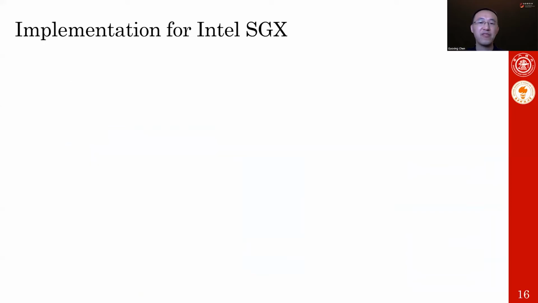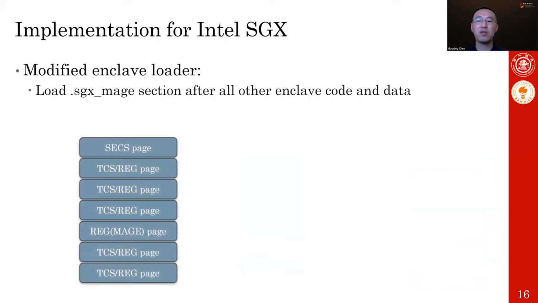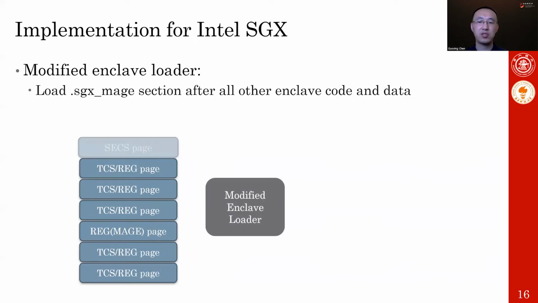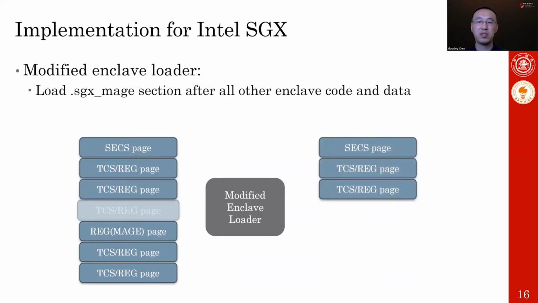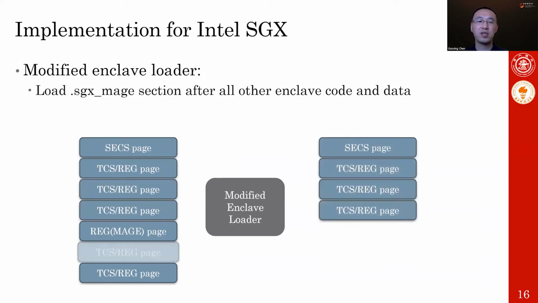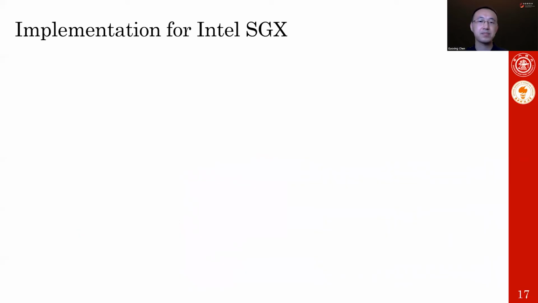Secondly, we modify the enclave loader to load the MAGE section after all enclave code and data. So it will first follow the original loading process, except that when the SGX_MAGE section is encountered, it will be skipped. After all others are loaded, the modified enclave loader will load pages in the MAGE section.